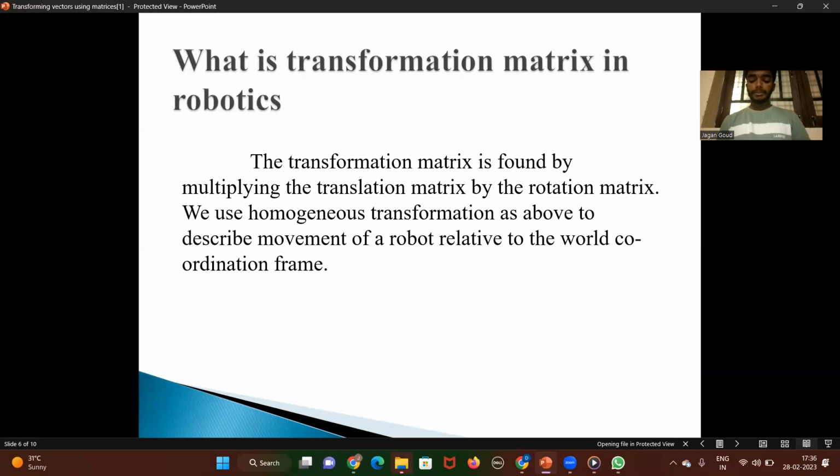There are multiple possible representations for these values, some of which are specific to certain applications. Translation and rotation are alternative terms for position and orientation.